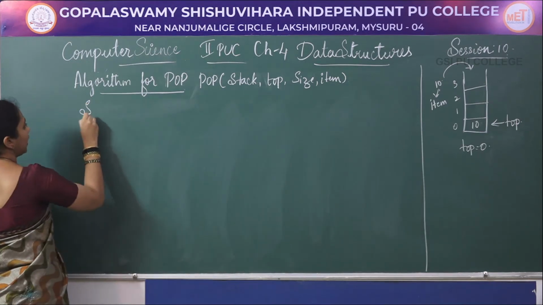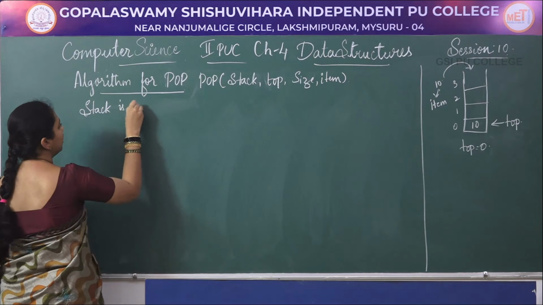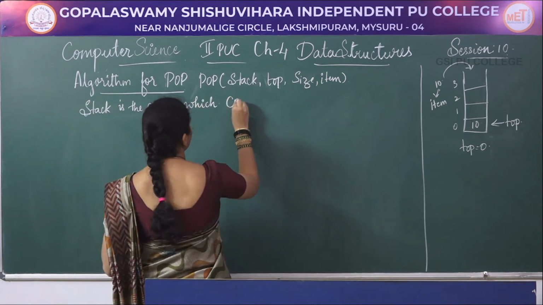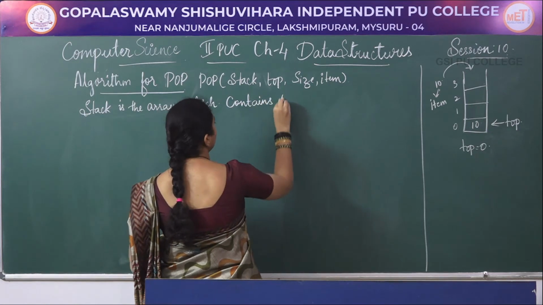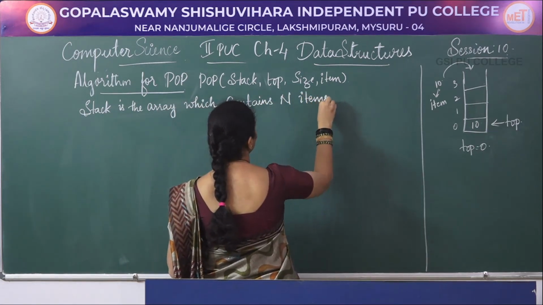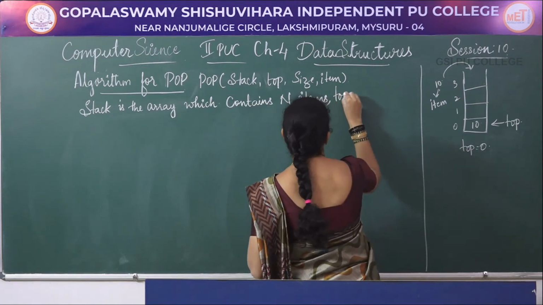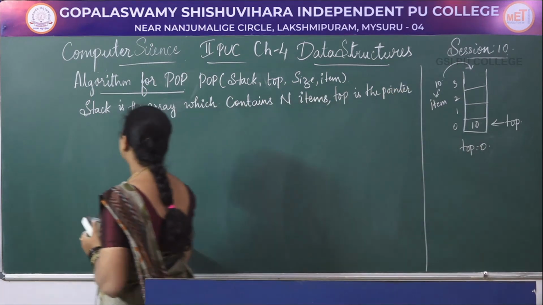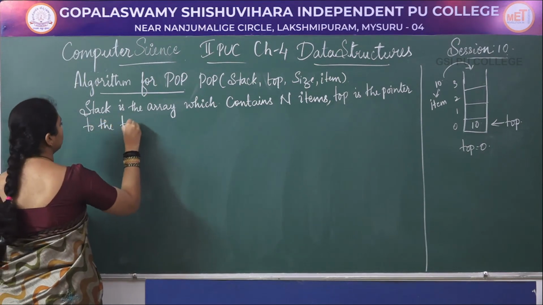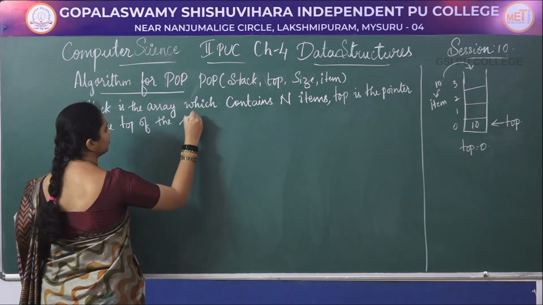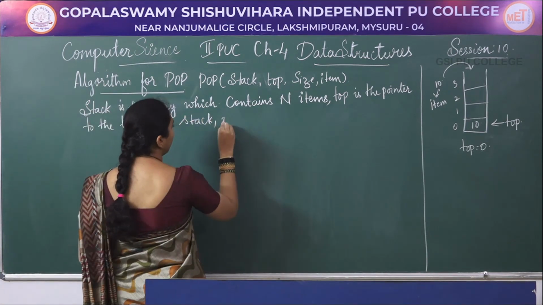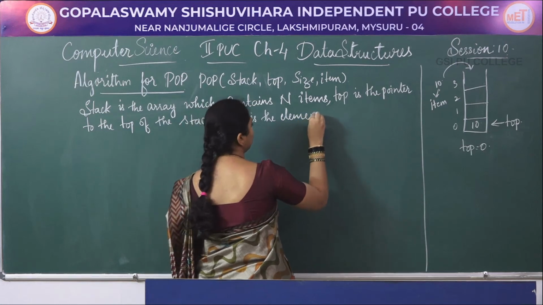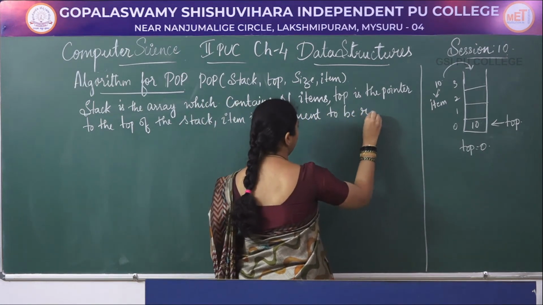So here stack is the array which contains n items, and top is the pointer to the top of the stack. Item is the element to be removed.